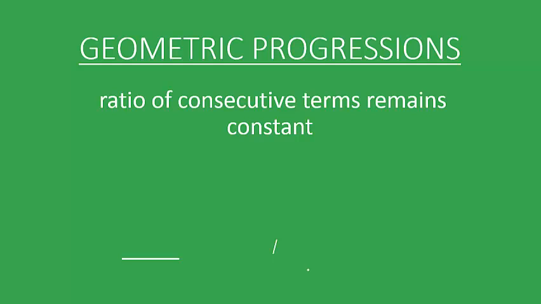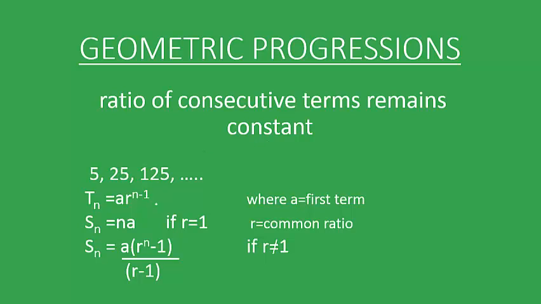Okay. So now we move on to the next important progression, or a sequence following a certain pattern. That is geometric progression. The important property of geometric progression, or GP, is that the ratio of the consecutive terms remains constant. Let's understand this through an example. Let's take a sequence whose first term is 5, second term is 25, third term is 125, and so on.